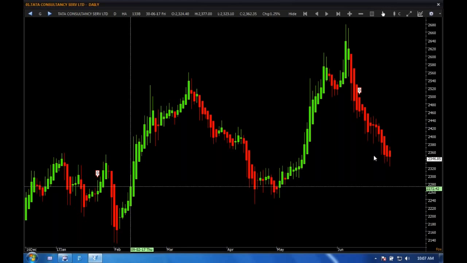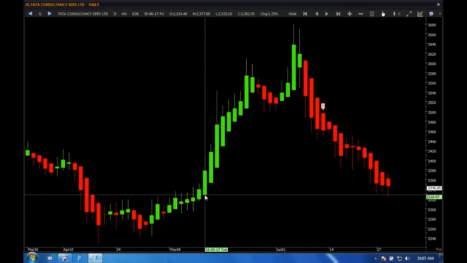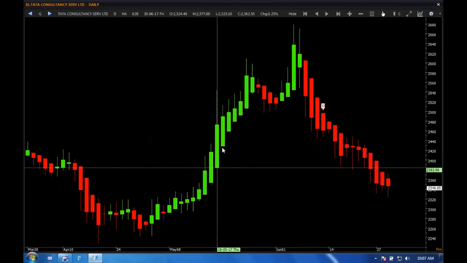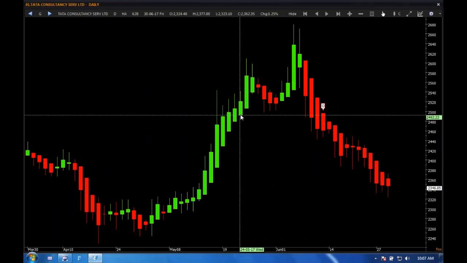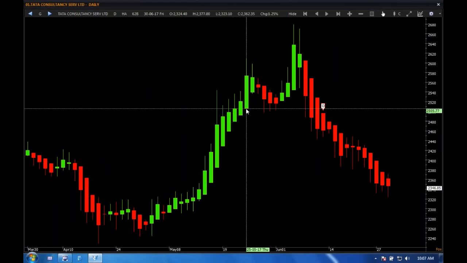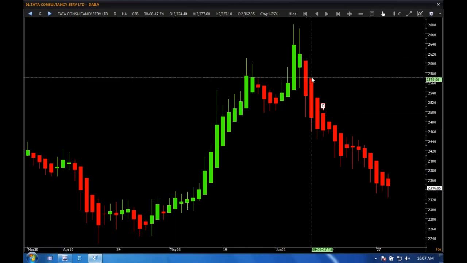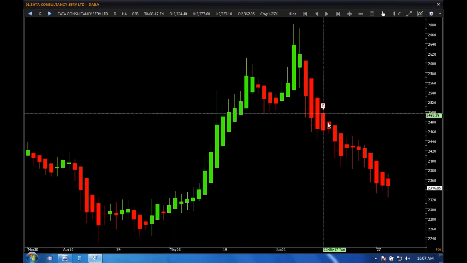When it's a strong uptrend, mind you, a strong uptrend, we notice that there are no lower shadows. You notice over here, there is no lower shadow. That's a sign of a strong uptrend. When there are no upper shadows, like the case over here, these are strong downtrends.